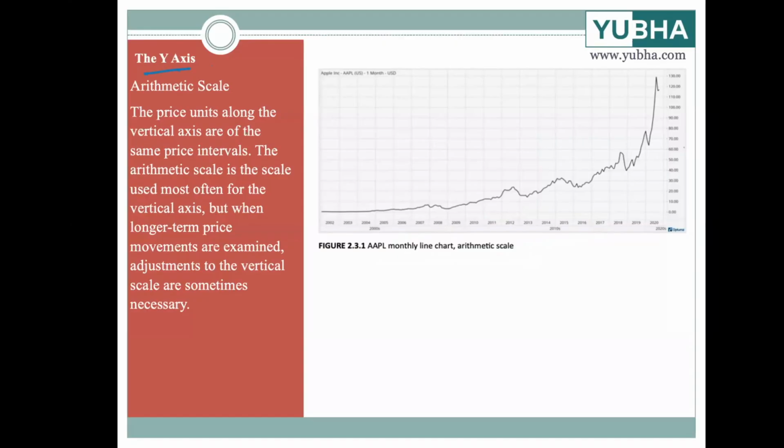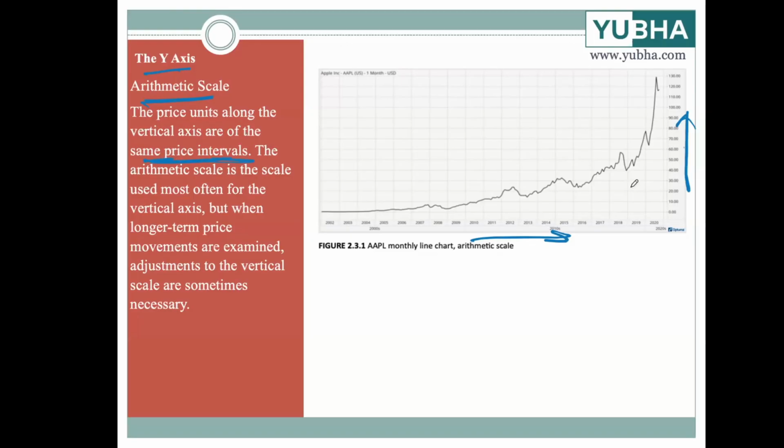Now, on the y-axis, there are two different things that we look at. One is the arithmetic scale, and the arithmetic scale is nothing but a regular chart that we look at, where on the bottom you have the time, but on the y-axis you actually have the price intervals.